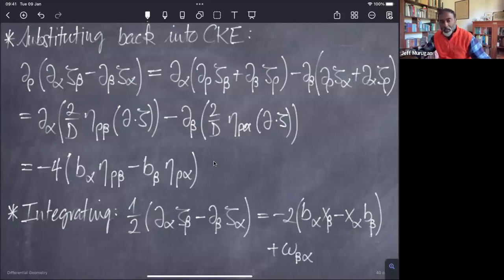And then from the Killing equation, so let's label this guy. That's 12.